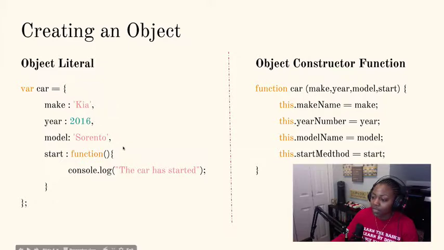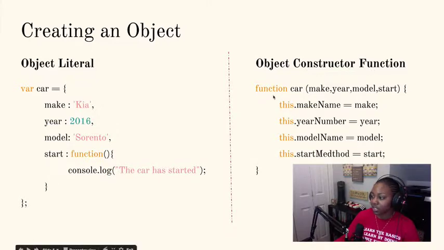We also said that it is quite possible to put a function inside of an object and access it. And instead of start being called a property, we call start a method. So this would be a method because it's something that the object does. It's a function, right?